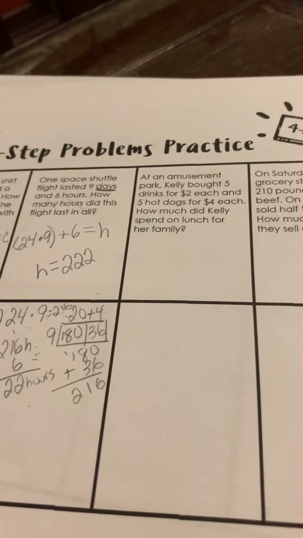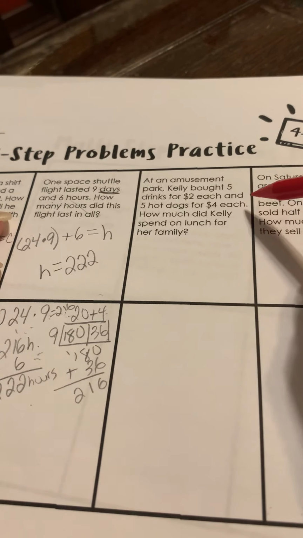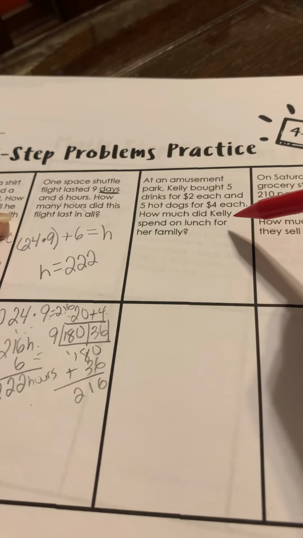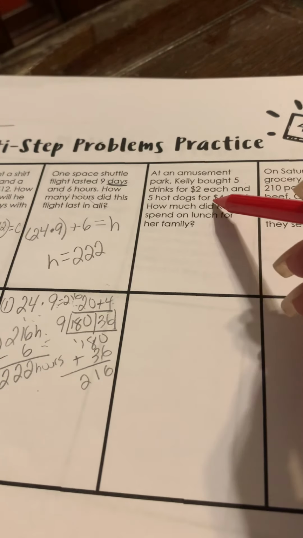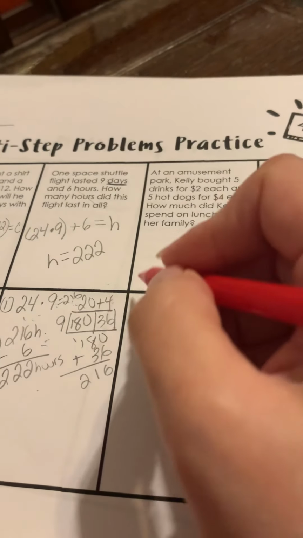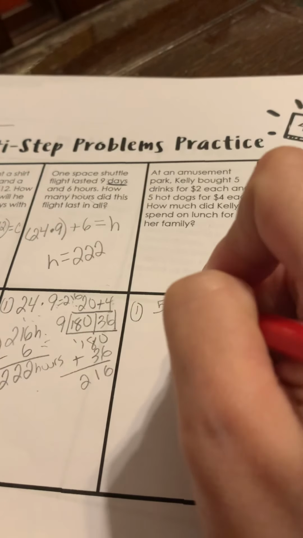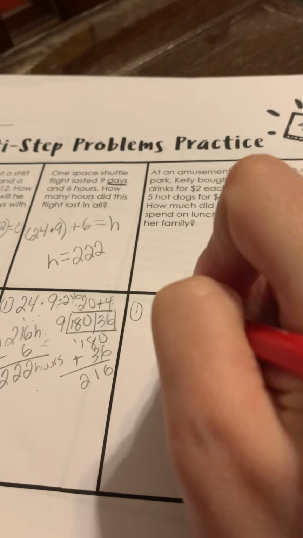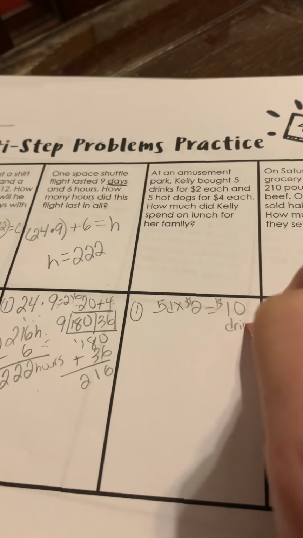Let's try the next one. At an amusement park, Kelly bought 5 drinks for $2 each and 5 hot dogs for $4 each. How much does she spend on lunch for her family? Well, most of you knew you needed to do 5 times 2 and 5 times 4. So let's do that. Step 1, I did 5 times $2, 5 drinks times $2, which is $10 for the drinks.